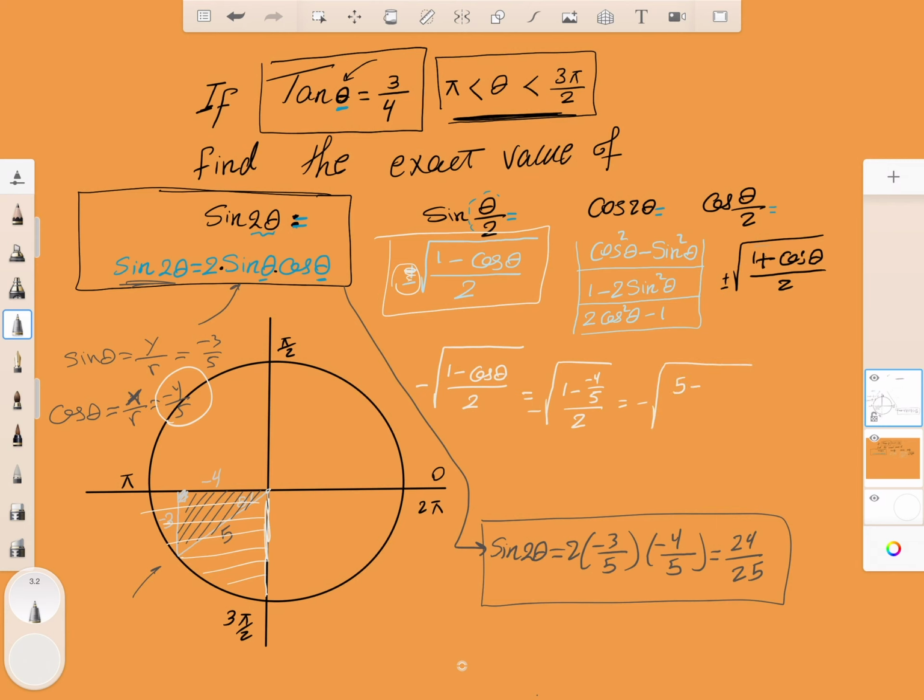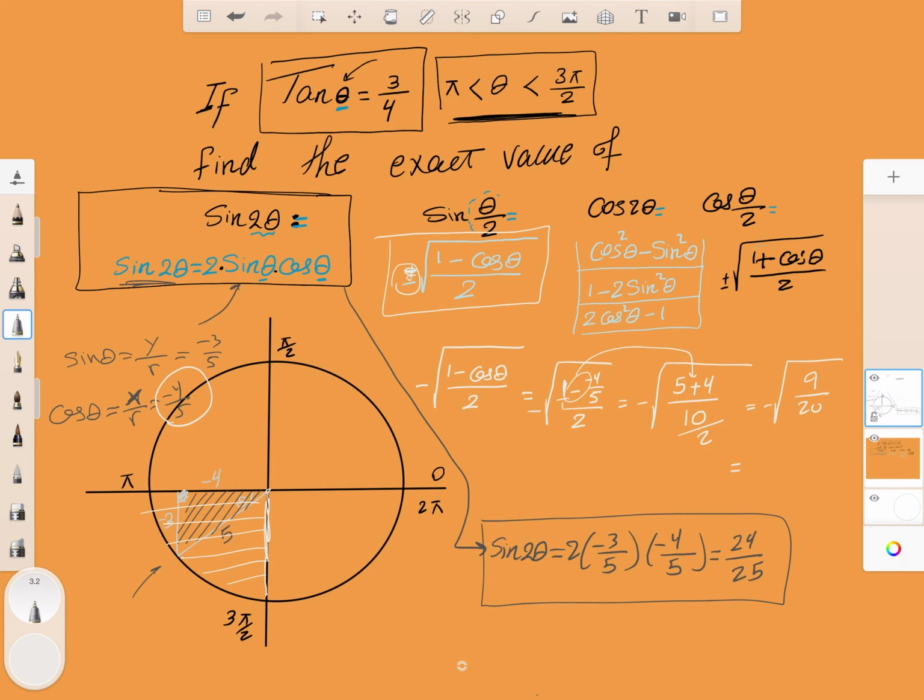That gives us 5 plus 4 over 5, divided by 2. Minus minus is plus. It will be negative radical 9 over 20.